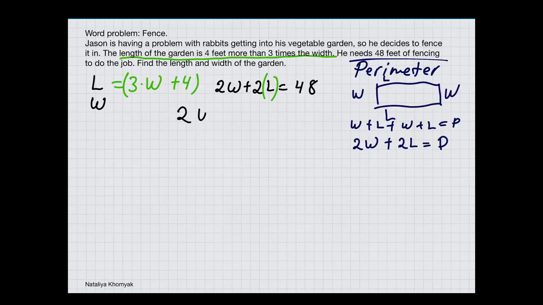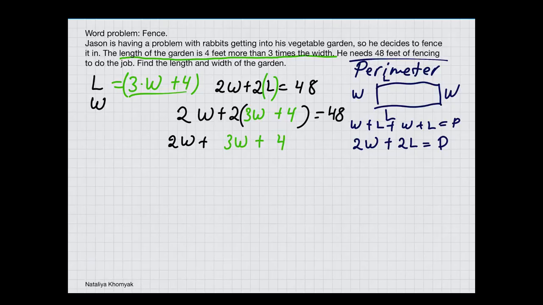We have 2W plus 2 length equals 48, and length is equal to 3W plus 4. Now we distribute, so we have 2W plus, we keep the inside as is, 3W plus 4, distribute the 2: 2 times 3W is 6W, 2 times 4 is 8, equals 48.